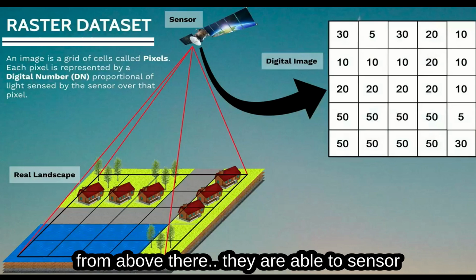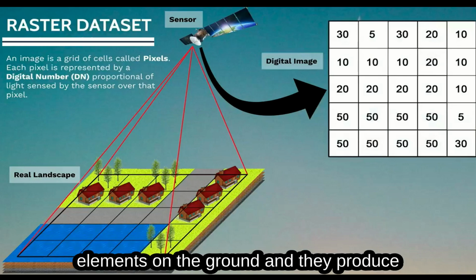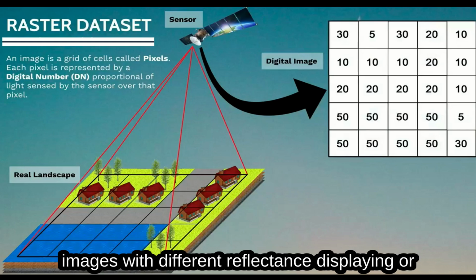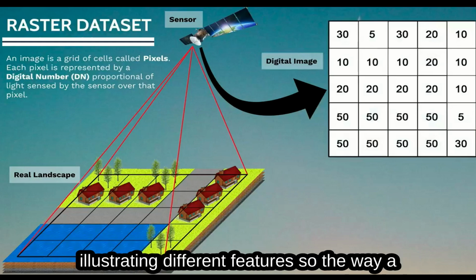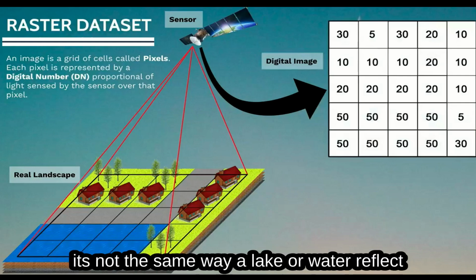They are able to sense different elements on the ground, and they'll produce images with different reflectances, displaying or illustrating different features. So the way a house would reflect is not the same way the ground will reflect. It's not the same way lake or water will reflect.